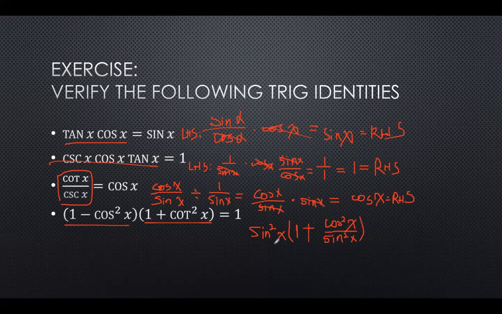Now we can just multiply sine squared into each term in the parentheses. Sine squared times 1 is sine squared.